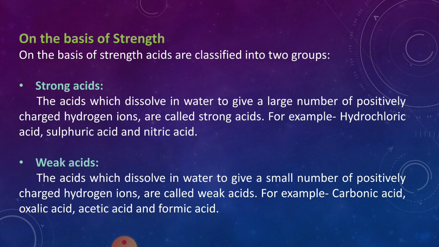But here you have to know that when we dissolve acids in water, they produce H plus ions. So if on dissolving in water they produce H plus ions in large number, such acids are called strong acids. As for example, HCl, hydrochloric acid, H2SO4, sulfuric acid, HNO3, nitric acid, HNO2, nitrous acid, etc.